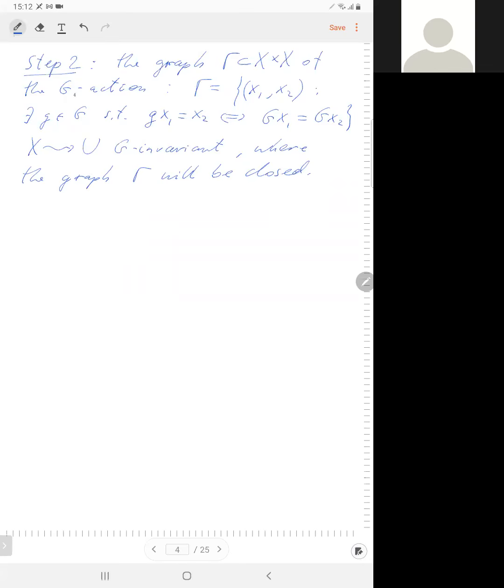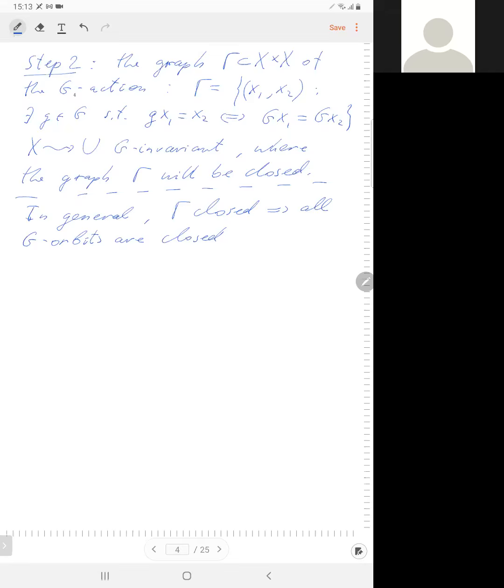In general, if gamma is closed, then you immediately see, just by intersection with fibers, that all the orbits are closed. And this is our standing assumption at the moment, right? We already reduced to the case when all the orbits are closed.